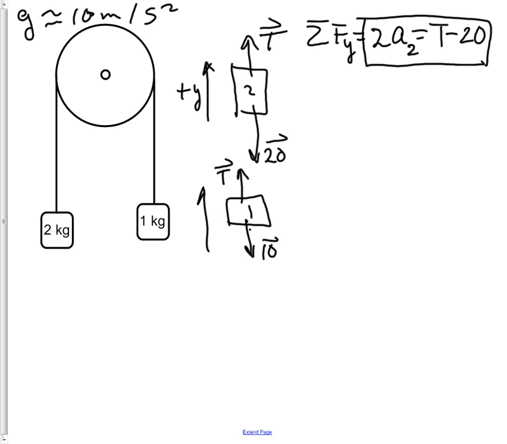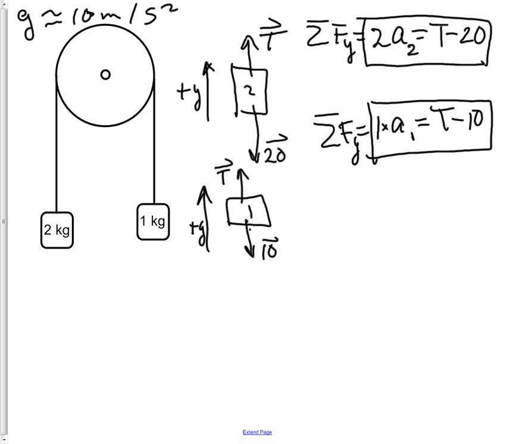Choose a coordinate system, plus y, like this. Apply Newton's second law. Sum of the forces in the y direction is equal to 1 times the acceleration of the 1 kilogram object, and that's equal to T minus 10. Draw a quick box around that.